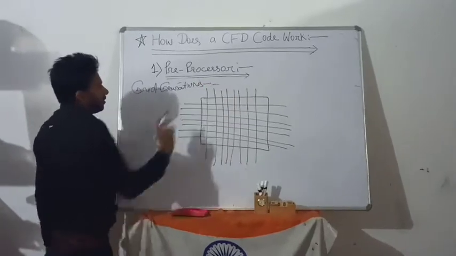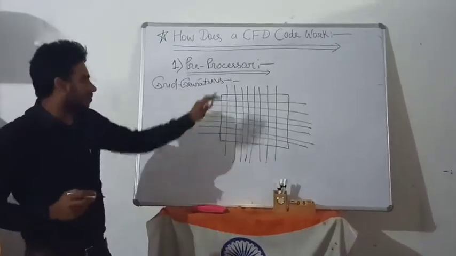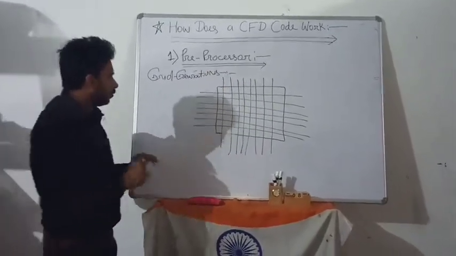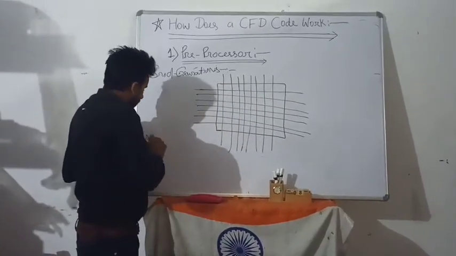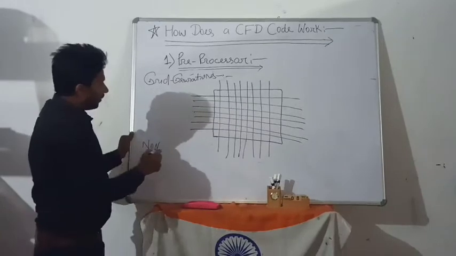Grid generation is meshing the problem with non-overlapping grid lines. Non-overlapping is the most important thing.